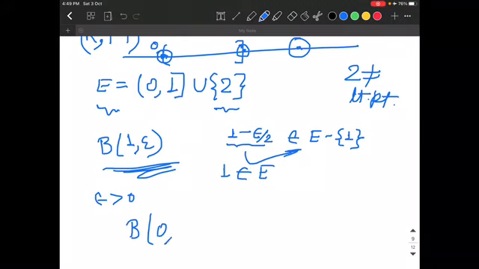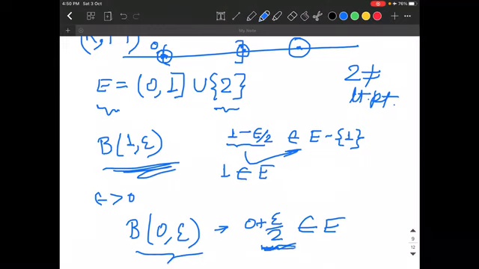Any ball with center 0 and radius epsilon contains the point 0 plus epsilon by 2, and this always belongs to set E. This point is other than 0 itself.